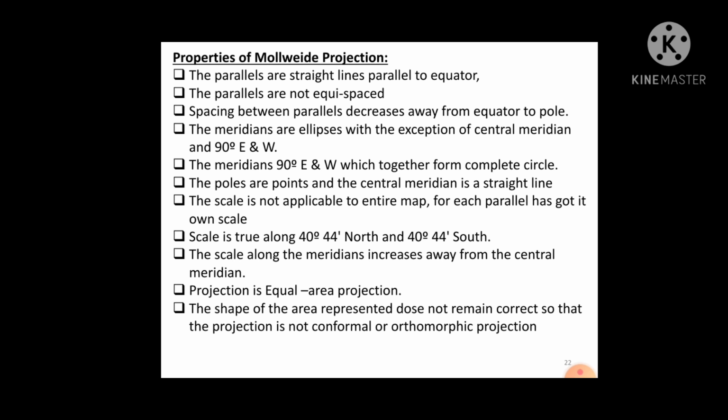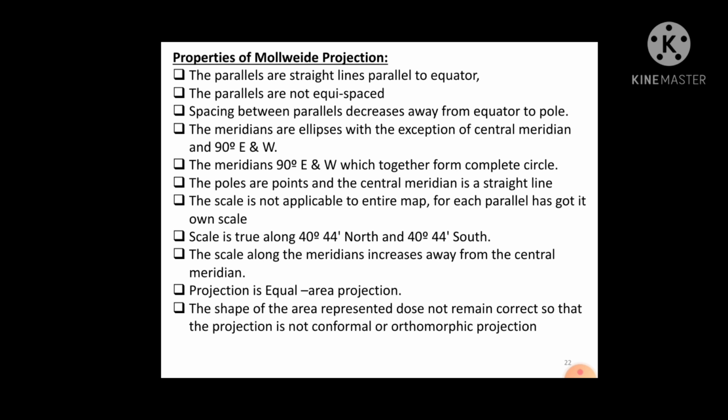The scale is not applicable to the entire map. Each parallel has its own scale. That means the scale is not correct everywhere. But the scale is true along 40 degree 44 minute north and 40 degree 44 minute south. On the other sides the scale is not true.